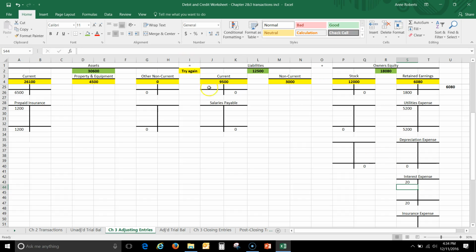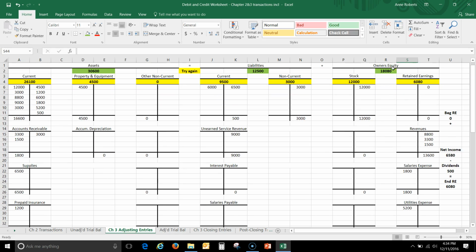Now, also notice, only one side of that journal entry is posted at this point. It affected the retained earnings, it affected the equity, but again, we only have one side of the journal entry recorded, so now we've got to record the other side of that journal entry.